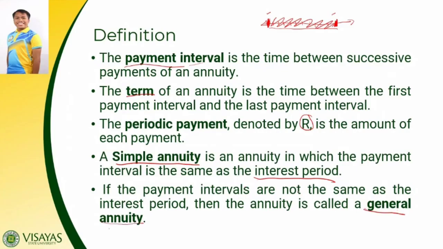Again, if the payment intervals are not the same as the interest period, then the annuity is called a general annuity. There is a little derivation in the formula, or a difference between the simple annuity and the general annuity. These are some of the terms that you have to familiarize yourself with as we go along with our discussion.